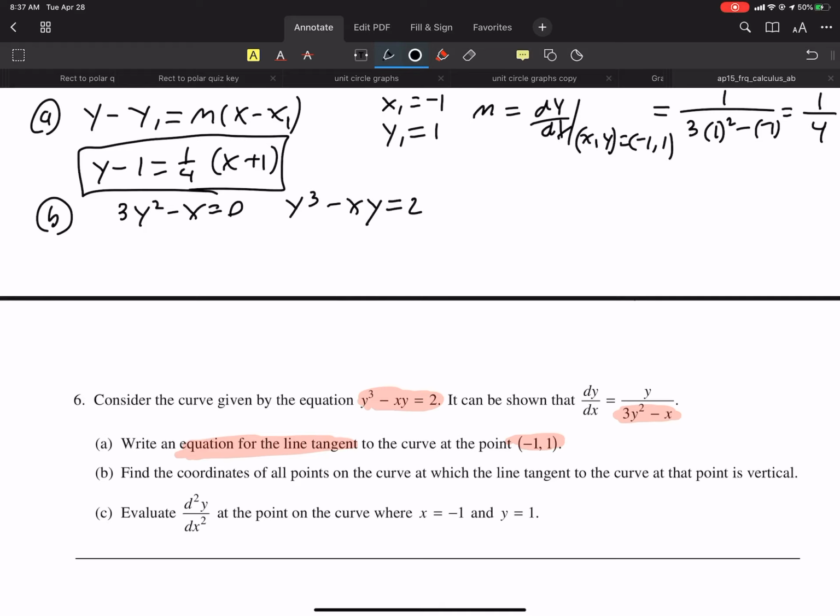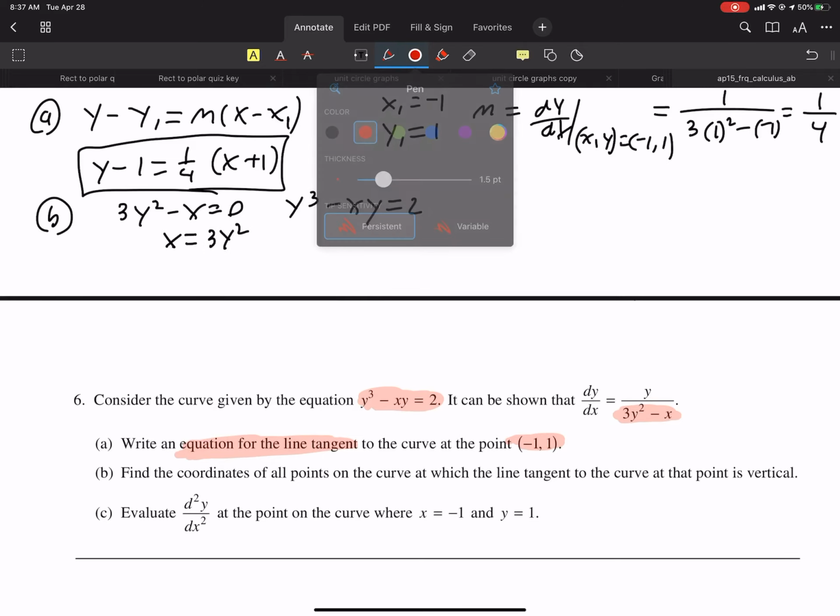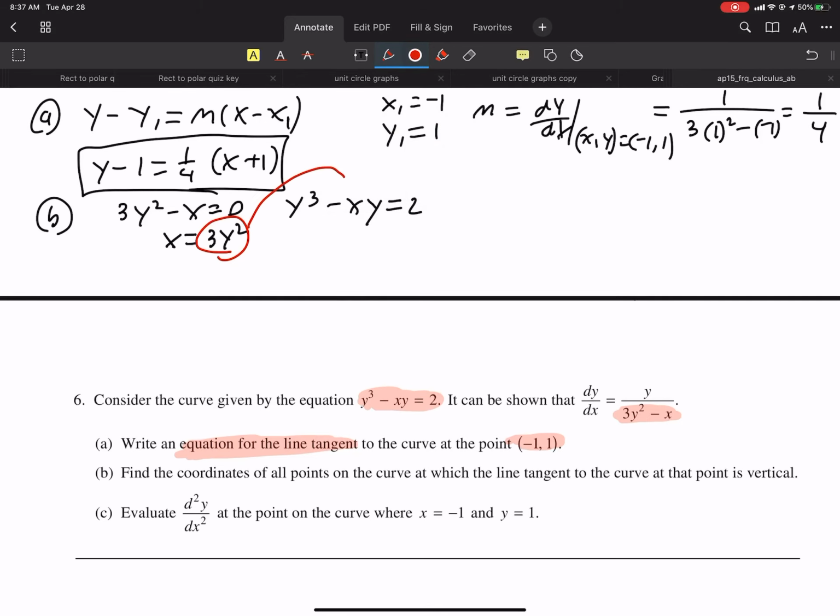So on the first equation that we have over here, we're going to solve for x. So if you isolate x, you're going to get x equals 3y squared. Well, you're going to take that value of x and place it into the other equation. So your other equation will only have y's in it. So you can get y cubed minus 3y squared times y equals 2.